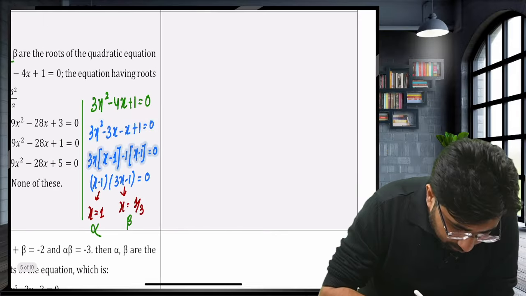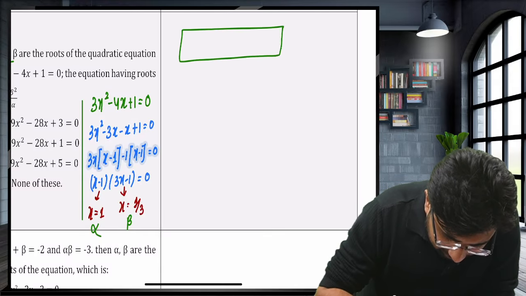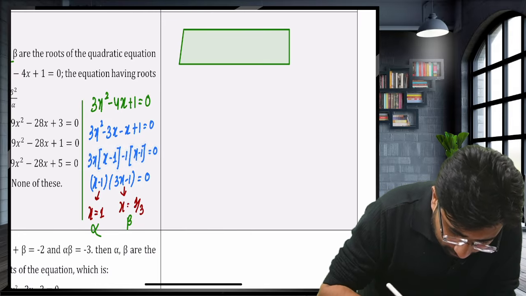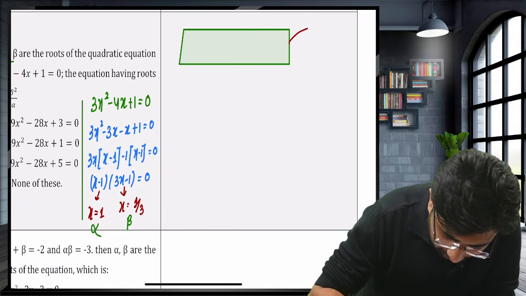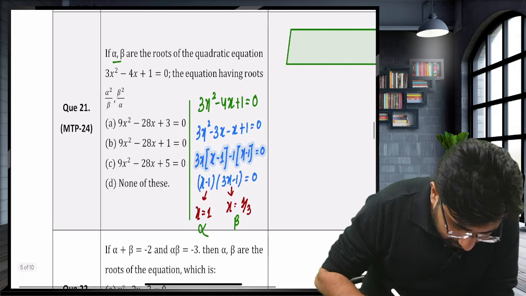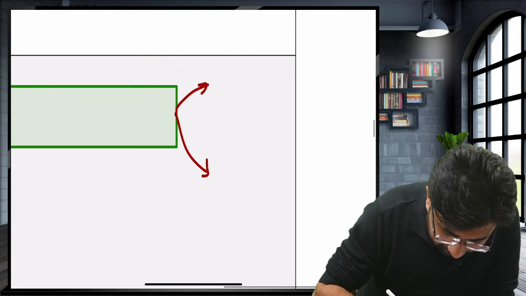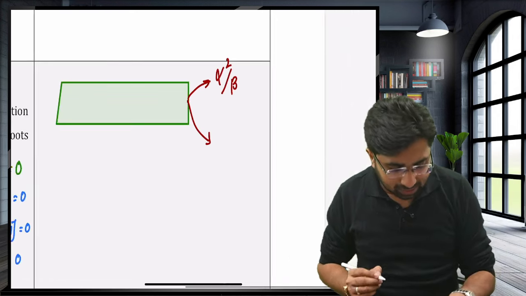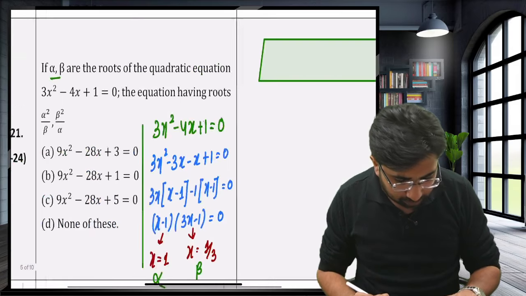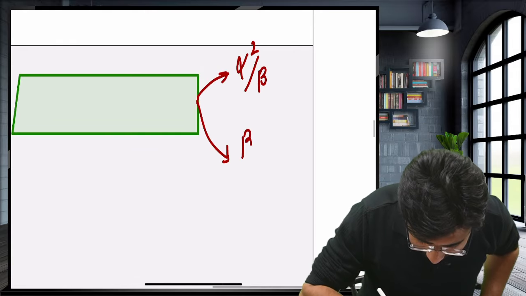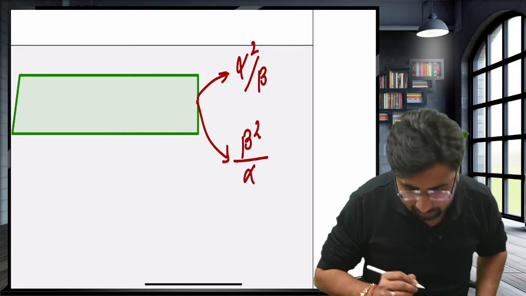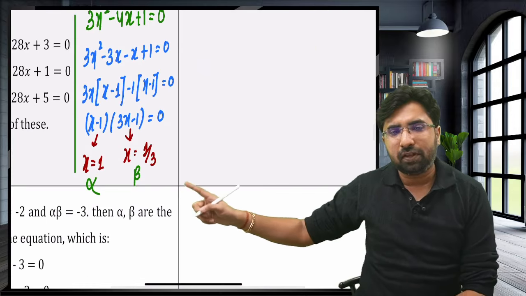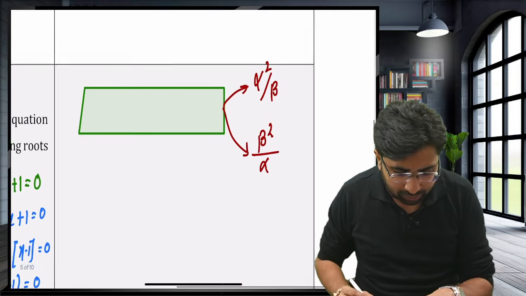You need to form an equation whose one root is alpha square upon beta, and another root is beta square upon alpha. We have alpha and we have beta, so let's put them in.